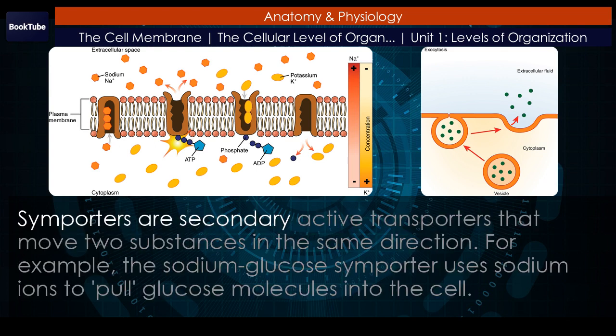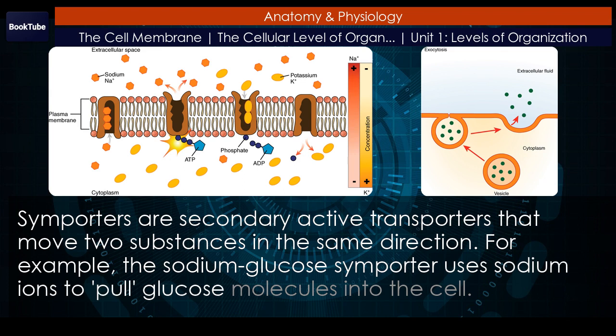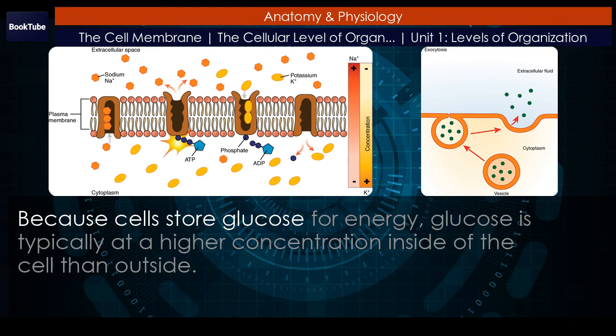Symporters are secondary active transporters that move two substances in the same direction. For example, the sodium-glucose symporter uses sodium ions to pull glucose molecules into the cell. Because cells store glucose for energy, glucose is typically at a higher concentration inside of the cell than outside.